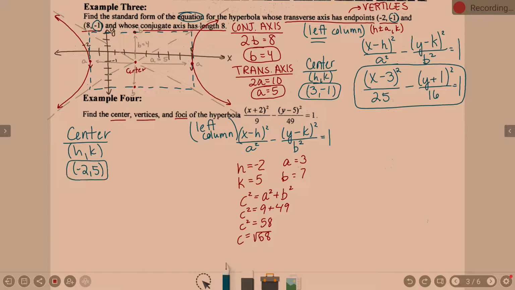Okay. Vertices. How do I find vertices? Because we're in the left column, this is going to be H plus or minus A, comma K.